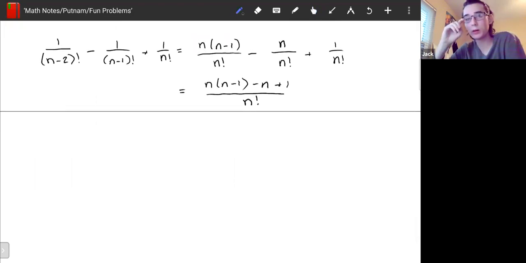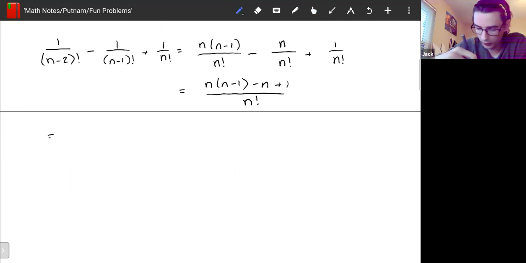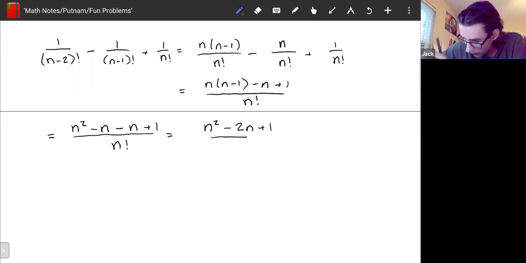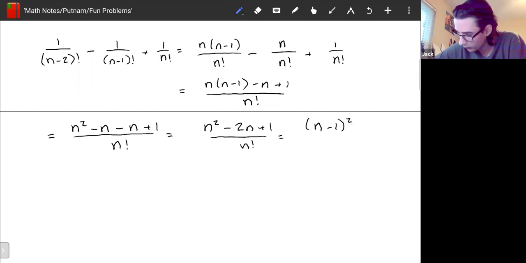And now let's continue this and see if we can get something nice. So we have n squared minus n minus n plus 1 over n factorial. And that'll just be n squared minus 2n plus 1 over n factorial. And that'll just be n minus 1 squared over n factorial.